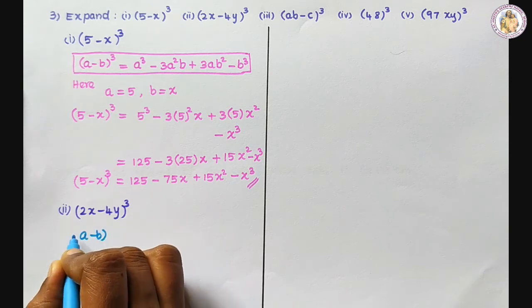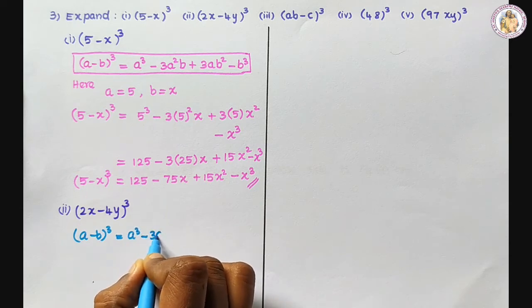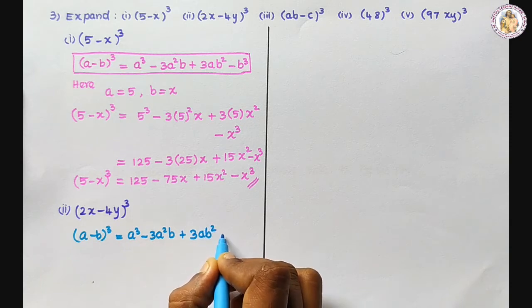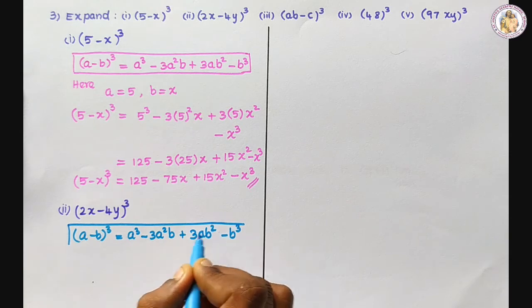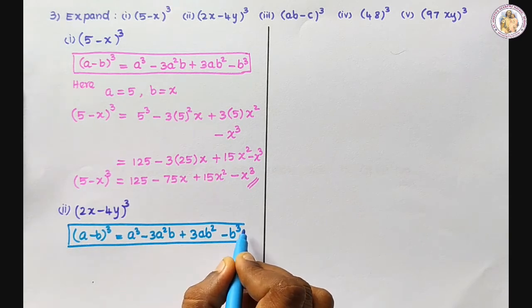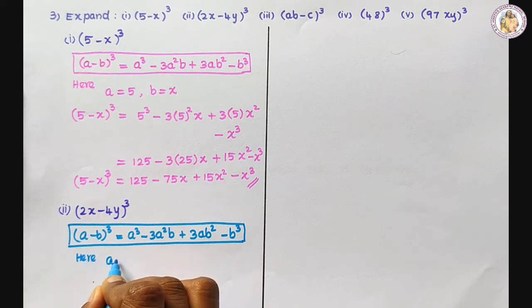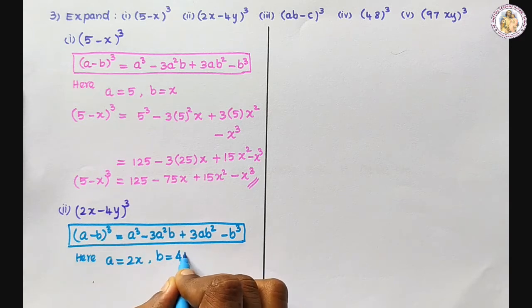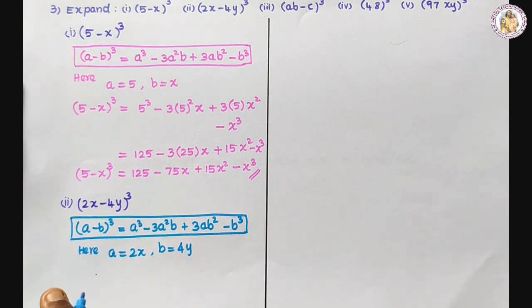A minus b whole cube equal to a cube minus 3a squared b plus 3ab squared minus b cube. Now here a equal to 2x and b equal to 4y. Substitute this.